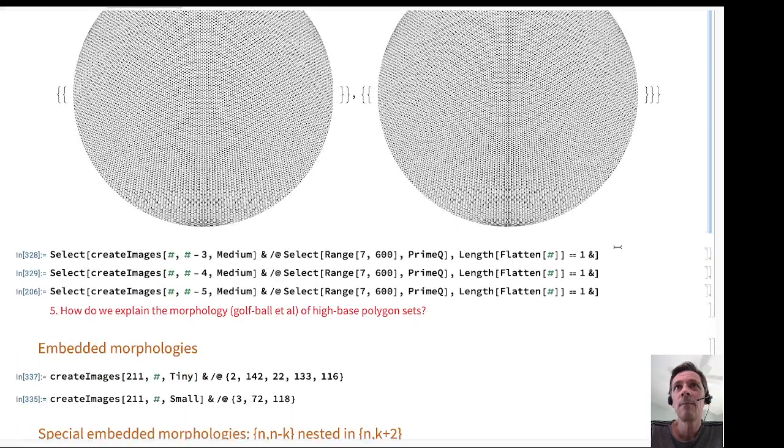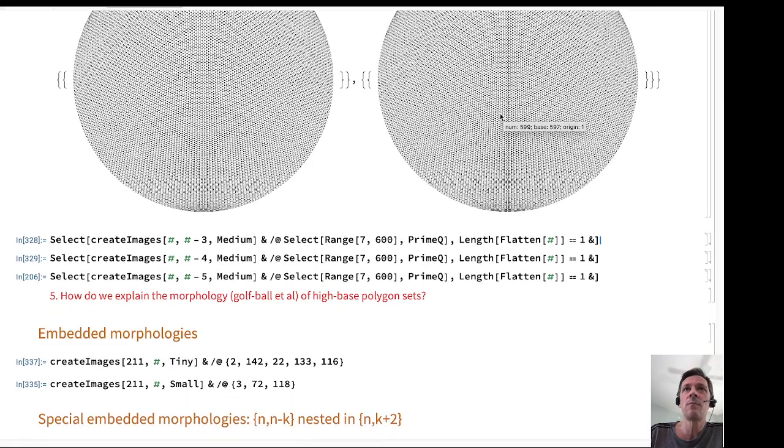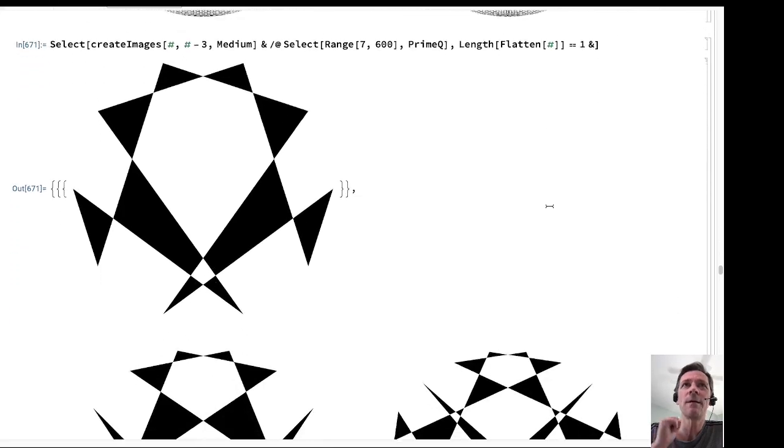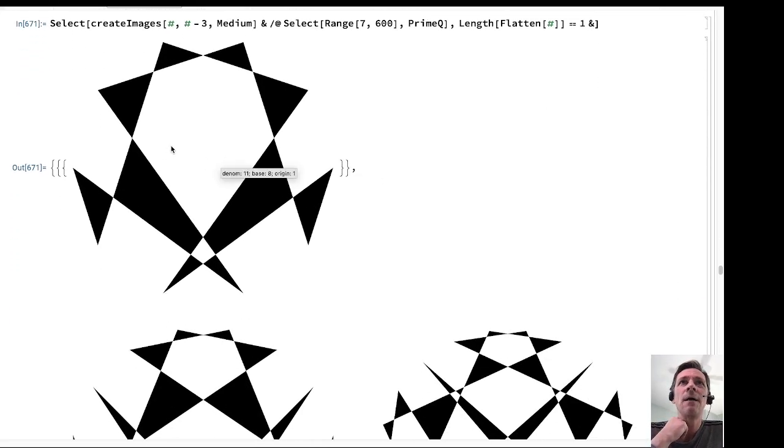You can also see a repeating image with n and n minus 3. I didn't mean to evaluate it again, but there we go. It's not too slow. 11 base 8, 17 base 14. I'm choosing these. This isn't 7 base 4 because in 7 base 4 I'm going to get 2 images.